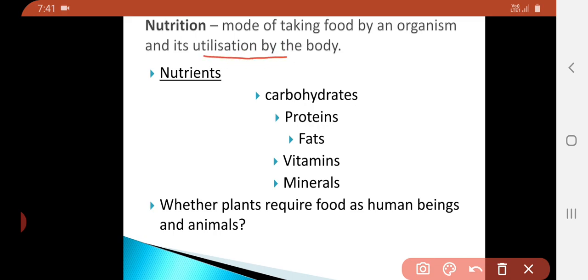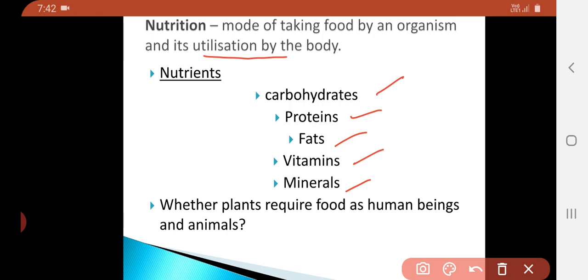Nutrients, from the digested food, are carbohydrates, proteins, fats, vitamins and minerals. So be clear with the terms nutrition and nutrients. Nutrition is the process of utilizing the energy, and nutrients are the components of the food: carbohydrates, proteins, fats, vitamins and minerals.